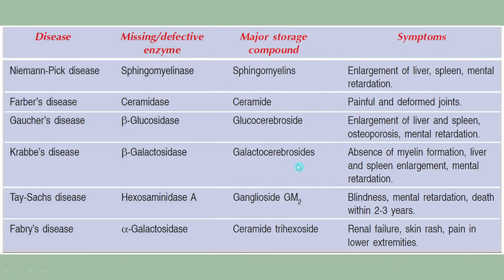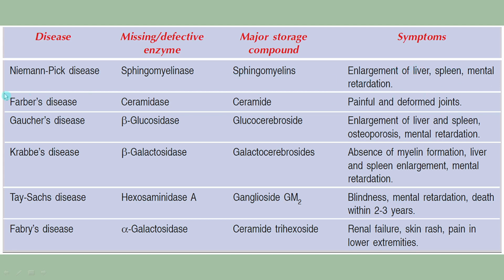Now remember, we have various storage diseases of gangliosides and cerebrosides. We have Niemann-Pick disease, in which the defective or missing enzyme is sphingomyelinase, and the major storage compound is sphingomyelin. Symptoms are enlargement of liver and spleen, and mental retardation.